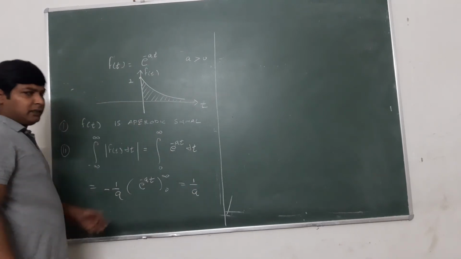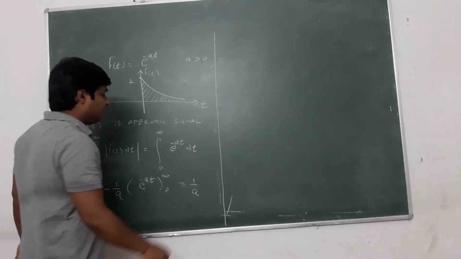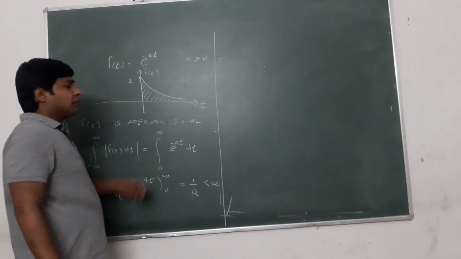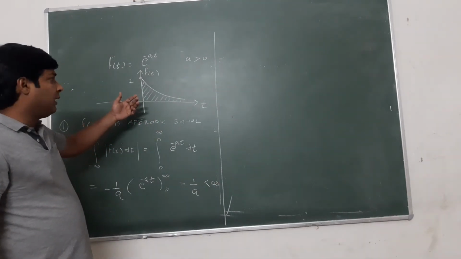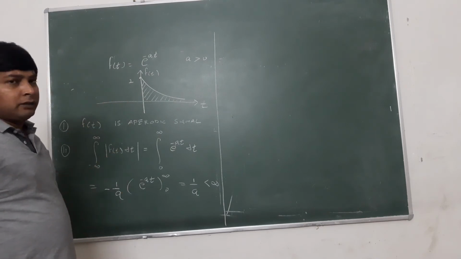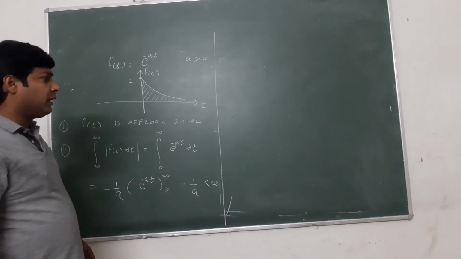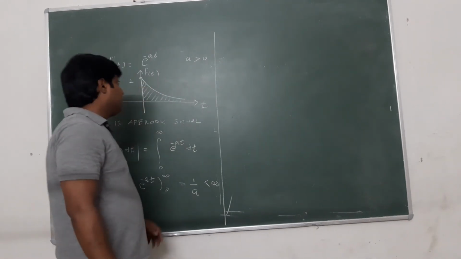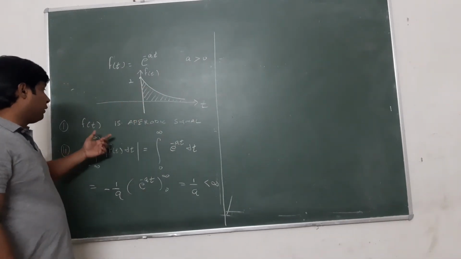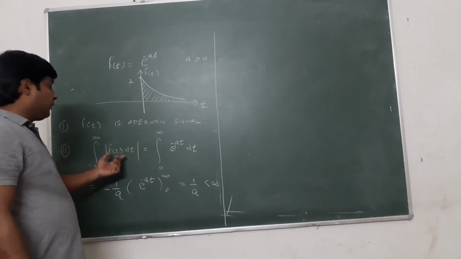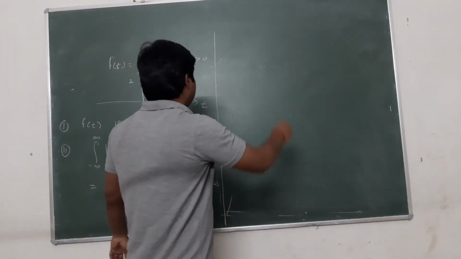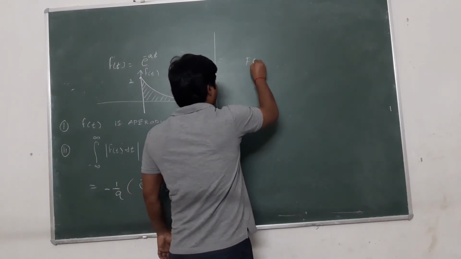So whether a is finite or not, it is always less than infinity. Hence the given signal is satisfying the Dirichlet condition. Now we can find the Fourier transform of the given signal. It should be valid because this signal is aperiodic and also satisfies the Dirichlet condition. So find the Fourier transform.